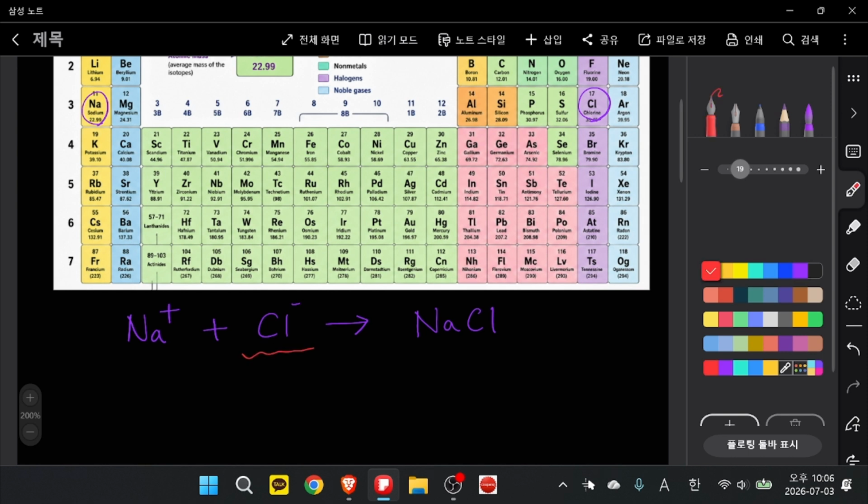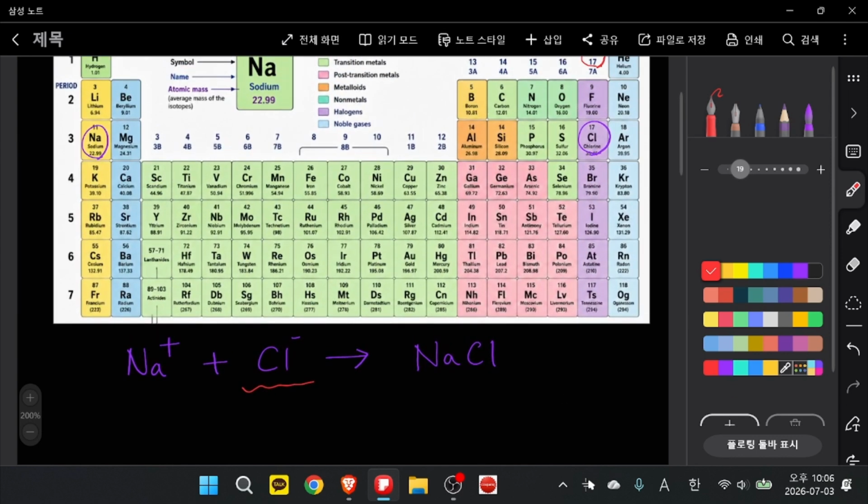Let's try another example. Magnesium is in group 2, so it loses 2 electrons and becomes Mg2+.